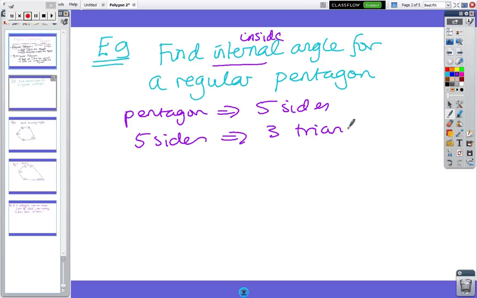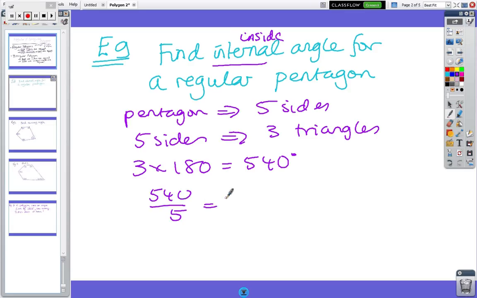You just have to subtract 2. Okay, so 3 triangles is 3 times 180, so that equals 540 degrees, and then 540 degrees divided by 5, so each angle is 108. So for every side there's an angle, and you just divide by the number of sides. So that's for a regular pentagon. So copy that and come across.